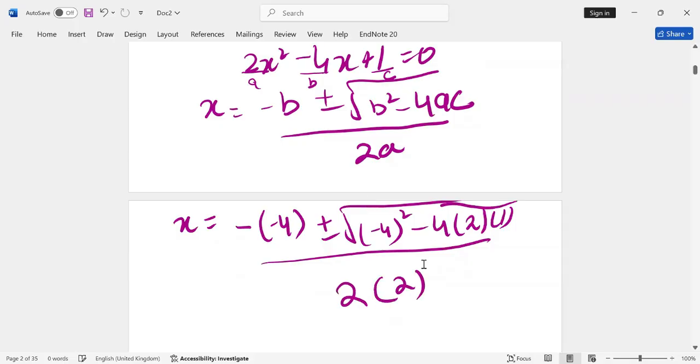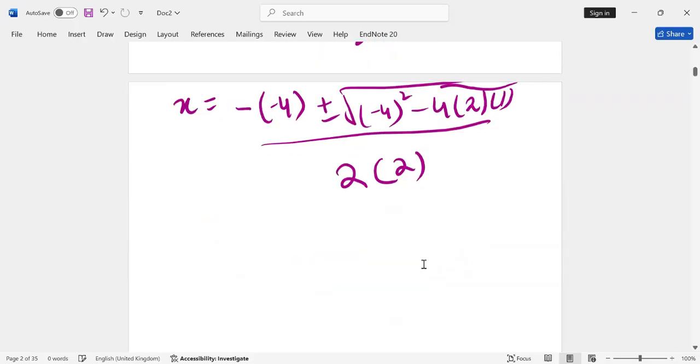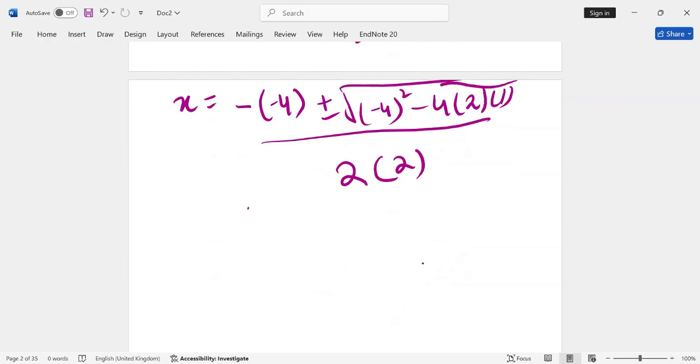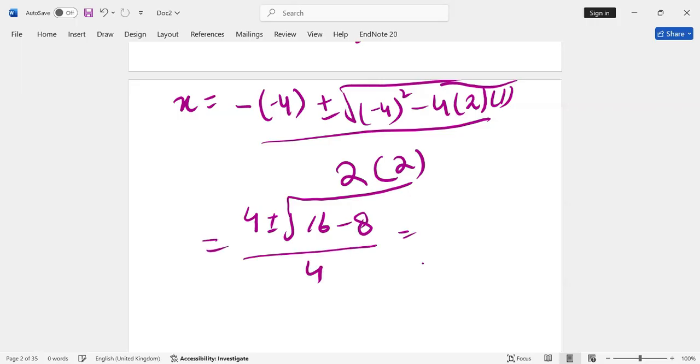So I'm just going to simplify this whole equation. We get 4 plus minus the square root of 16 minus 8, divided by 4, right? So it becomes plus minus the square root of 8, by 4.